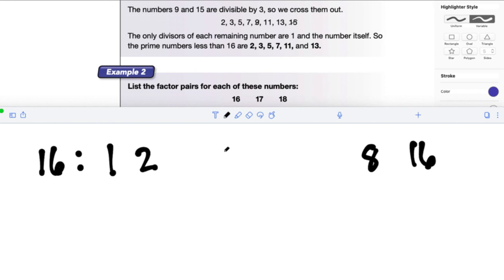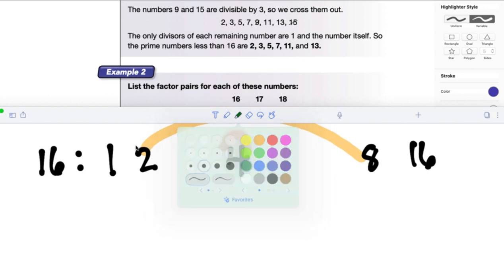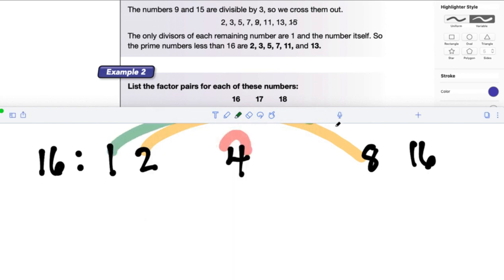And I know that 4 times 4 will give me 16. So I could put 4 and 4, but I'm going to just leave 4 right there. And I'm going to make a little corny rainbow out of our situation. All right. So I see 2 goes to 8. And then I see 1 and 16 goes together. So that's my little factor rainbow.